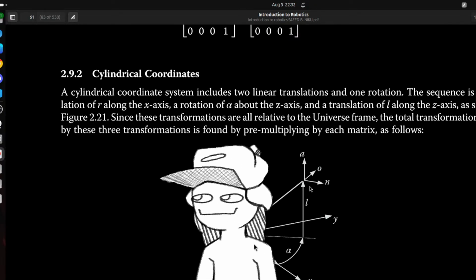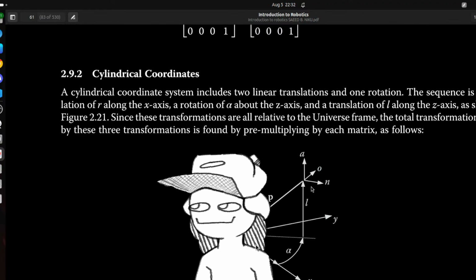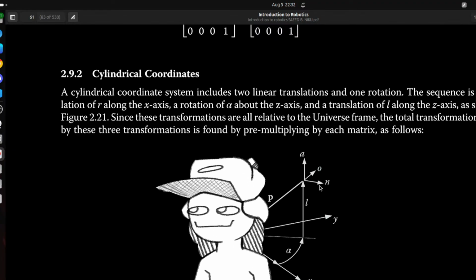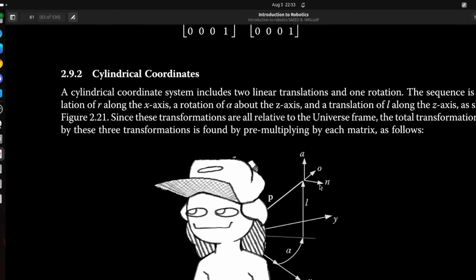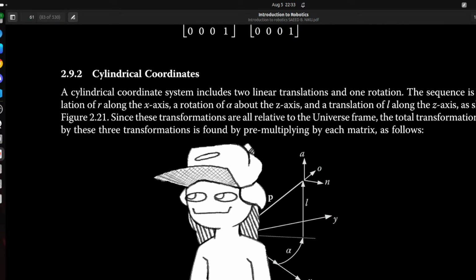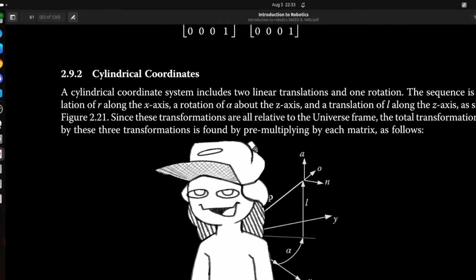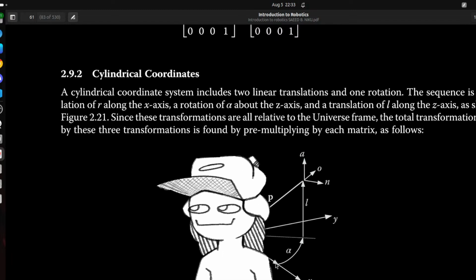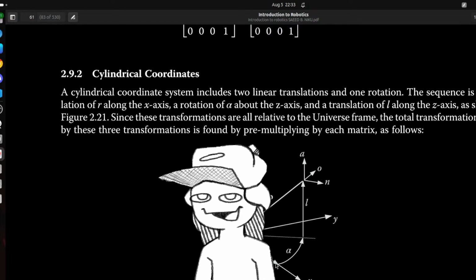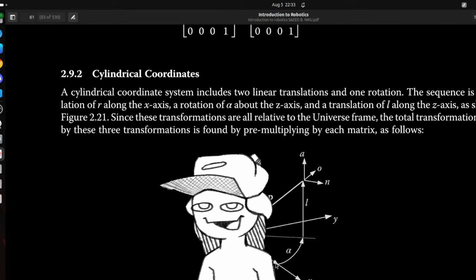translation of r along the x-axis, meaning the coordinate frame was initially here, it was moved along the x-axis, then it was rotated about the z-axis.